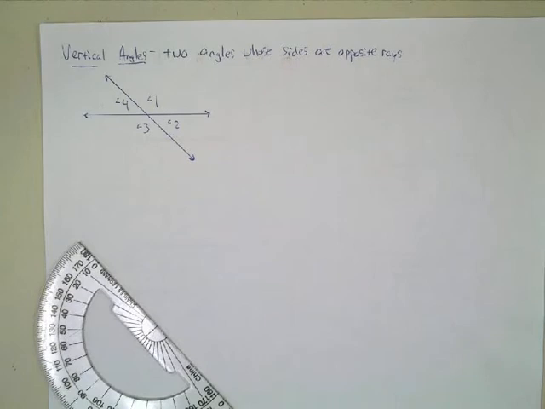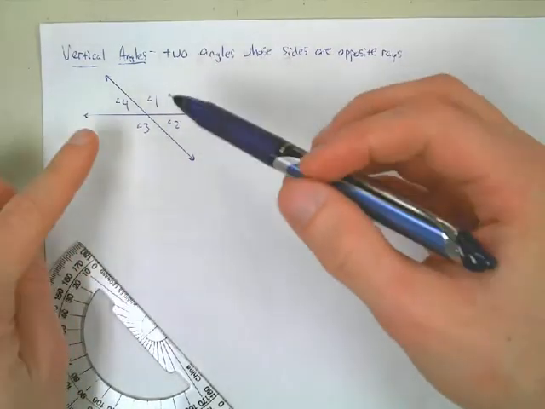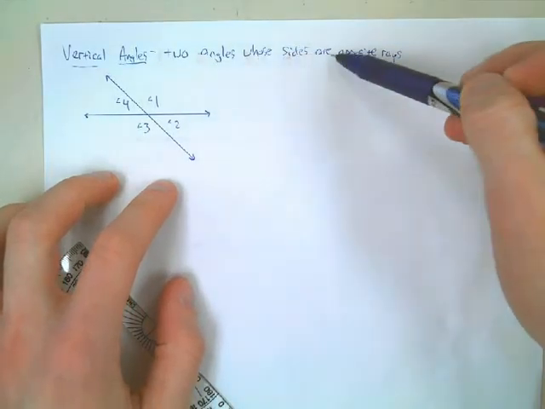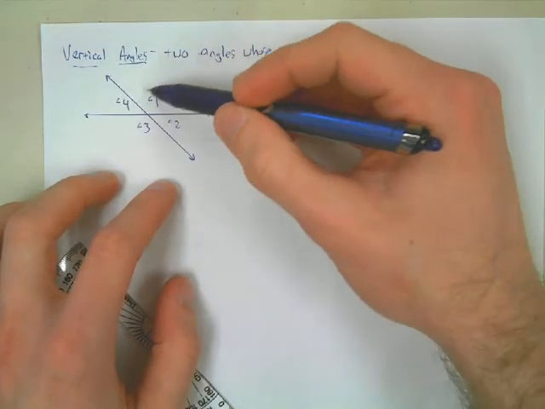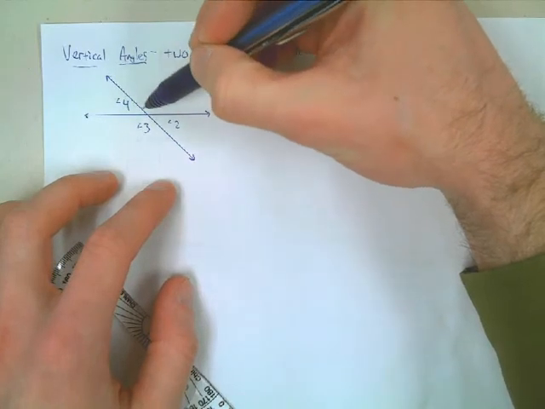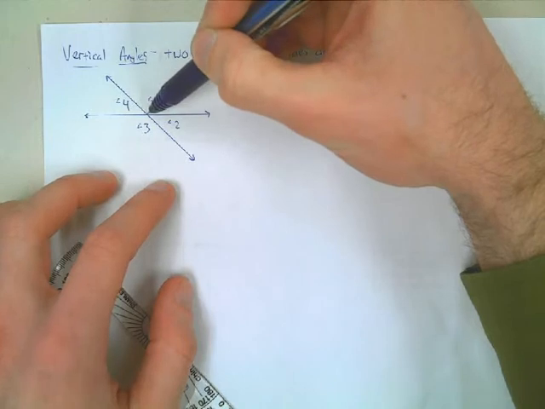So, in this picture, we have at least one pair of vertical angles. We need two angles whose sides are opposite rays. So, for example, angle 1 is made up of this side of the angle and then this side. Now, this ray, this side of angle 1, has an opposite ray going this direction. That's the opposite ray to it.